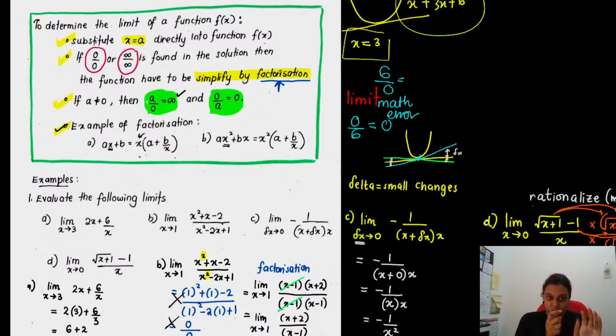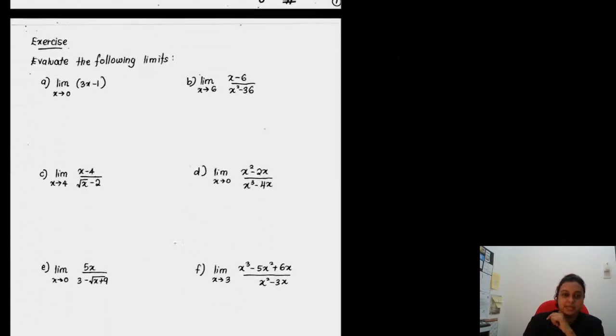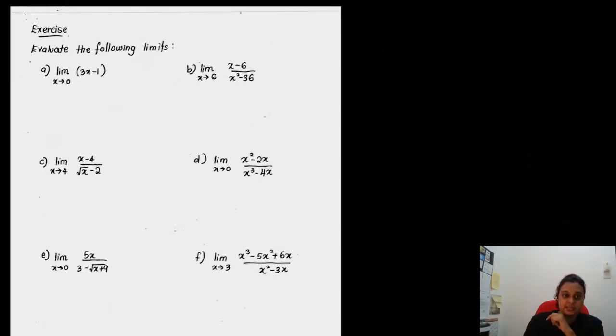That's like your clue. And if you have a root, straight away do the conjugate, multiply the conjugate and rationalize it.